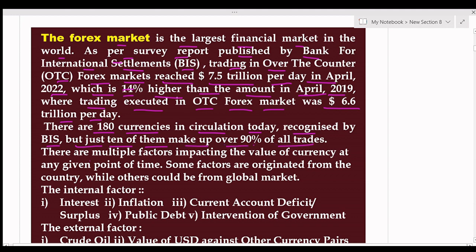There are multiple factors impacting the value of currency at any given point of time. Some factors originate from the country, which are called internal factors, while others could be from the global market, which are called external factors.